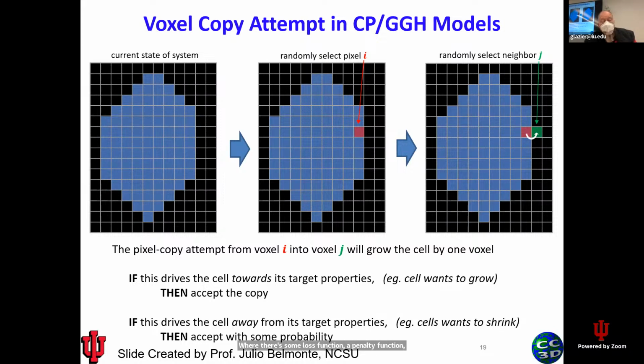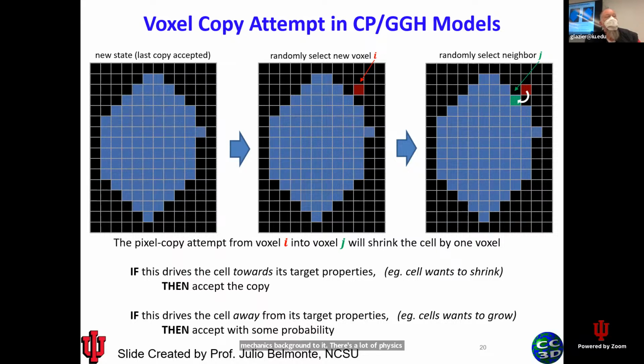If our move improves our situation, reduces our loss function, we're going to make the move. If the move makes the loss function bigger, just as with neural networks when we're training them, we don't necessarily reject the update. We'll accept that update with some probability that decreases with the cost penalty of the move. The reason we do that has a good statistical mechanics background to it. There's a lot of physics under the hood there, but that's fundamentally what we're going to do.